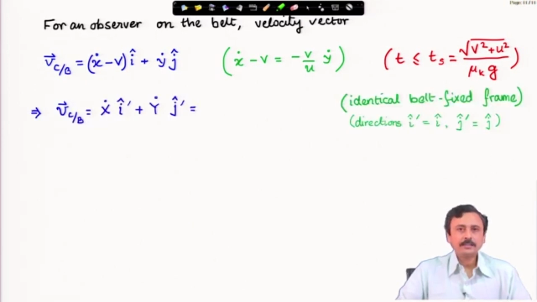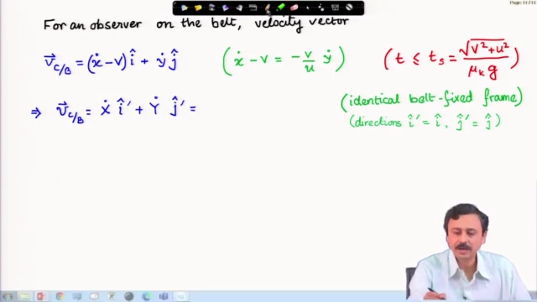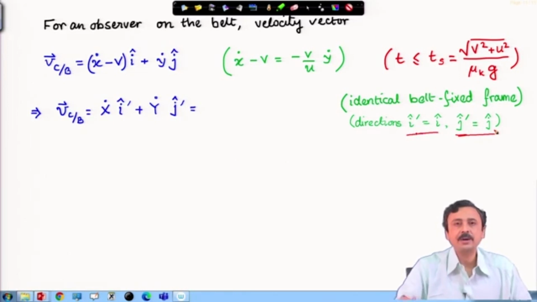Now, I imagine another coordinate system which is now moving with the belt, but co-oriented with that x y z on the platform. That means this i cap and j cap directions are the same as this i cap prime and j cap prime, which I have shown here on the belt, and they are in the same directions as i cap and j cap. Remember, unit vectors always indicate directions.